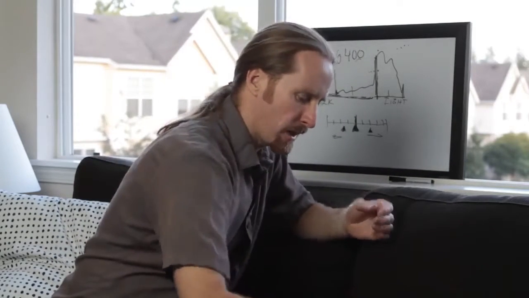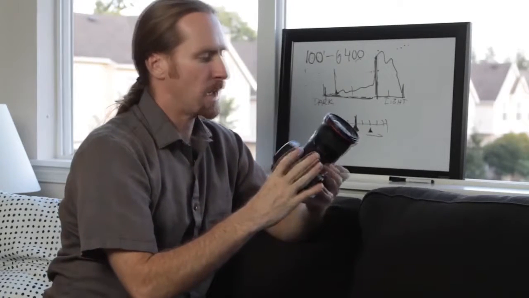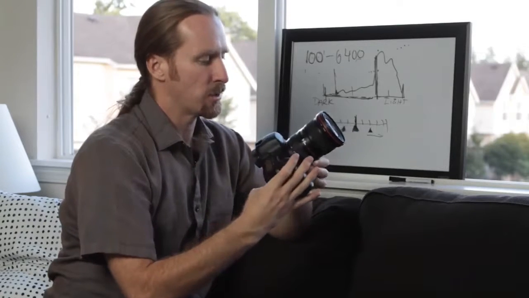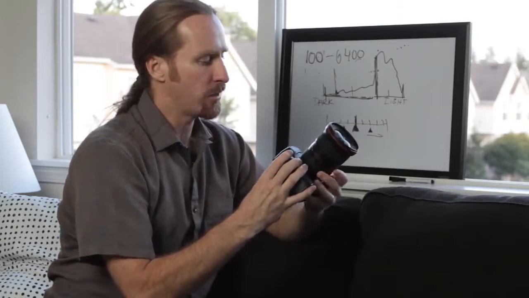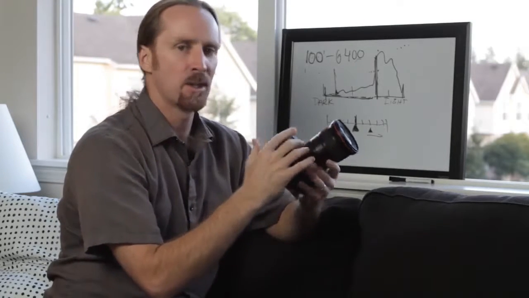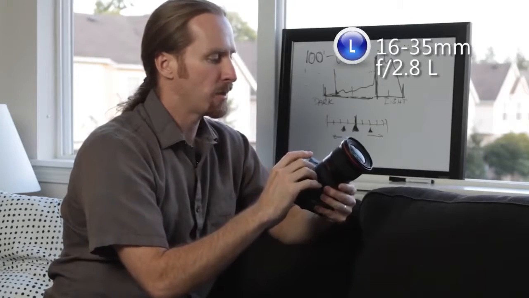Now you get other lenses like the one on here, which has a fixed aperture or fixed f-stop for the lens. So whether you're on 16 or whether you're on 35, the maximum aperture can stay at 2.8. So this lens is a 16 to 35 f2.8 lens, which means 2.8 is the widest aperture it can have.